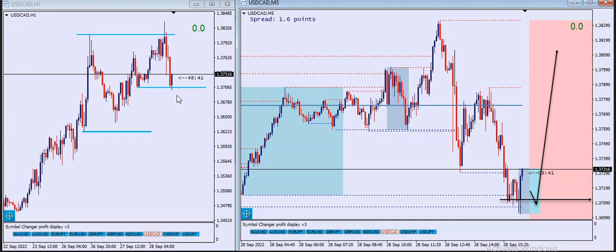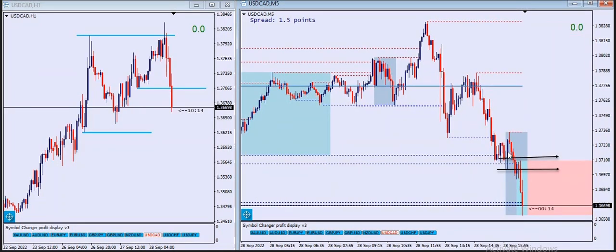Since I will always wait for the candle that breaks that takes liquidity to close, that was high. I placed this arrow here, so that when price pulls back we can take the entry, but price broke through it, so that was a loss on USD CAD.